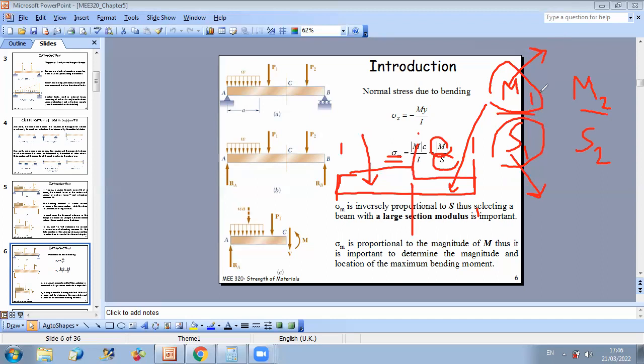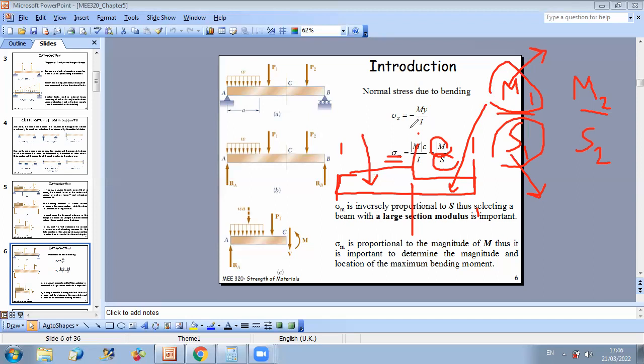You should calculate the ratio M1 over S1, M2 over S2, and then the maximum ratio will be, if you want, more critical. Okay, so in this way you should make sure that your maximum sigma is not exceeding the maximum normal stress that can be sustained by the material of your beam.